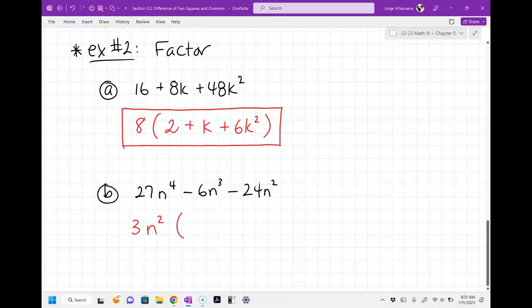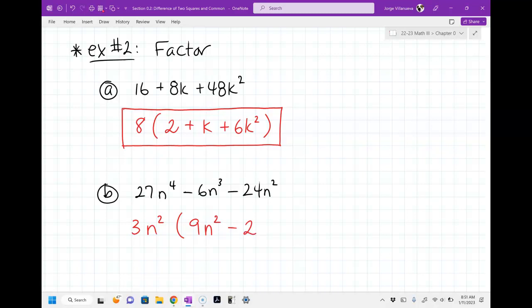Now let's start dividing out, right? So 27 divided by 3 is 9. N to the 4th, if I take away 2 n's, I get 2 left. That's n squared. Minus, then I get 6 divided by 3, that's 2. And n to the 3rd divided by n squared.